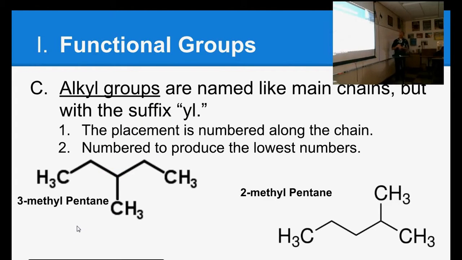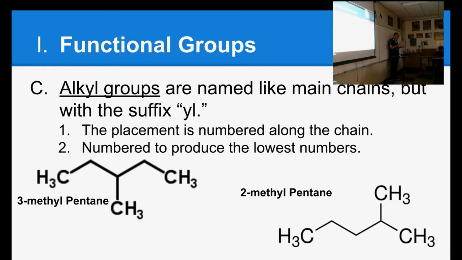So an alkyl subgroup is named like a main chain, but with the suffix -yl. So there's -ane, and there's -ene, and there's -yne. And then there's -yl. And -yl means this thing is hanging off the side. Okay? And so it lets you know that we've stuck something on the side of the molecule that's more carbon and hydrogen. And we number its placement along the chain.